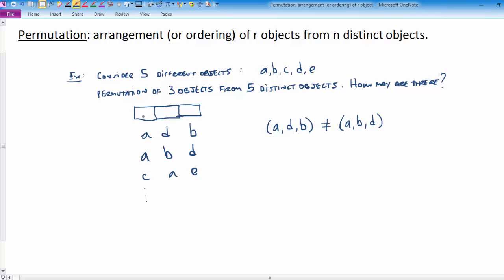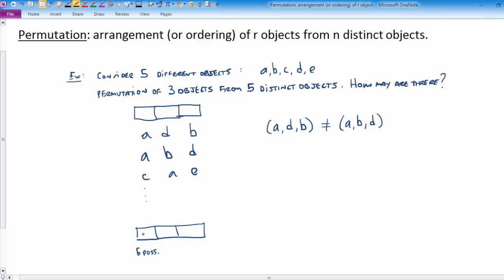Well, if we look at the blanks or the boxes, we try to fill out the first slot, the first box, with one of the 5 objects that are available. So because we have 5, then there are 5 possibilities for the first slot.